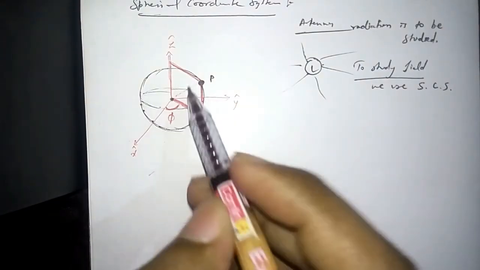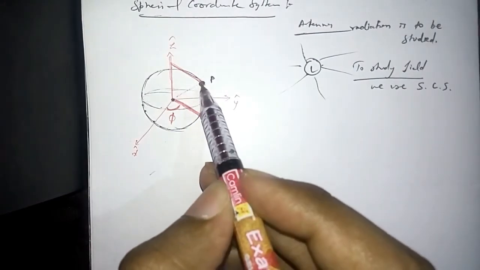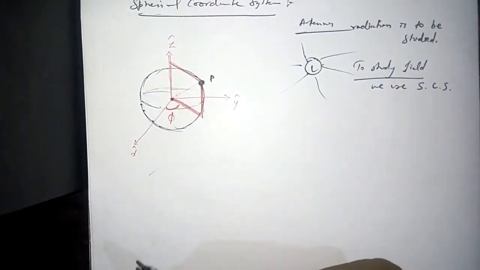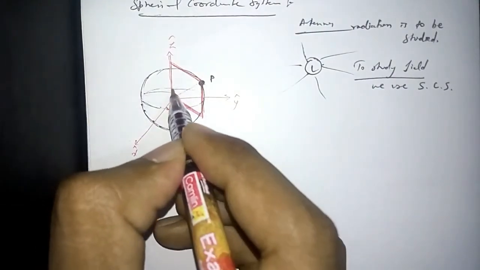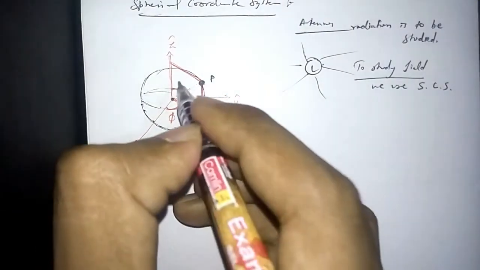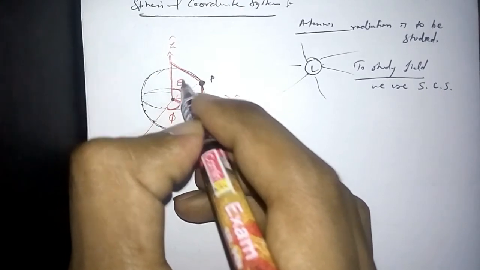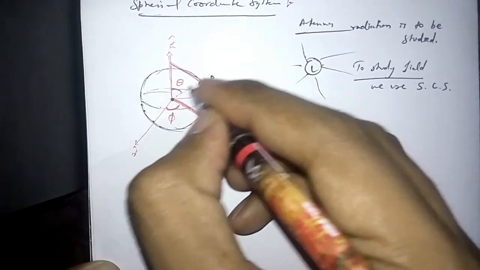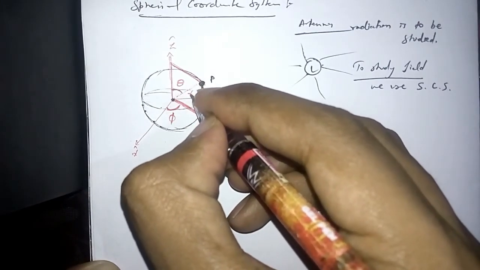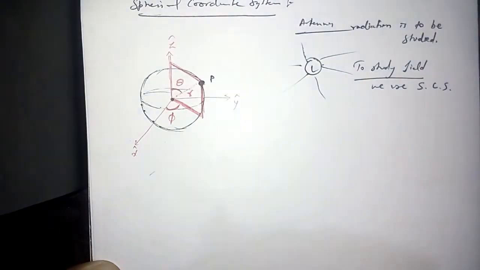This is the minimum distance between the point P and the center of the sphere. This is theta, and this minimum distance is the radius of the sphere.